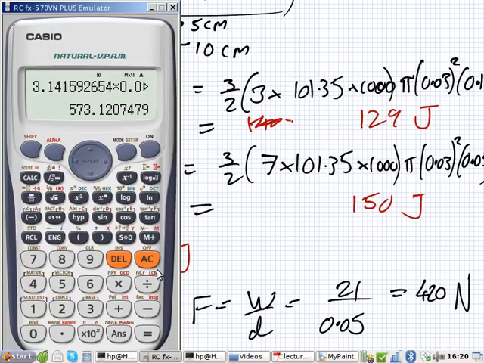Let's see what happens when we use 1. No. It doesn't look like we can use this formula.